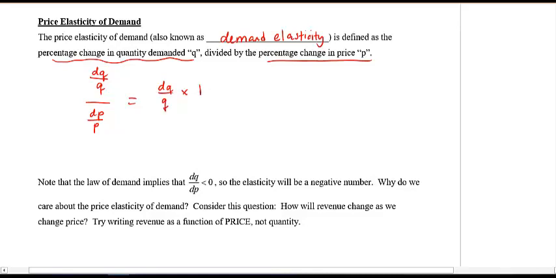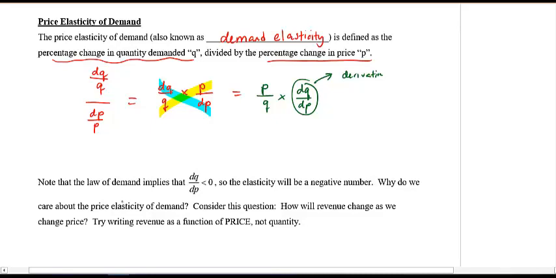Dividing by a fraction is the same thing as multiplying by its reciprocal. And then if I were to separate these and put them together, that would be p over q times dq over dp, which is some sort of derivative, right? This is the derivative of quantity with respect to price.